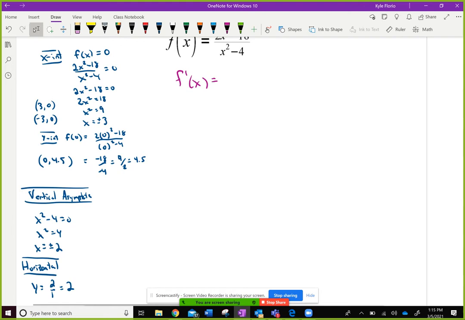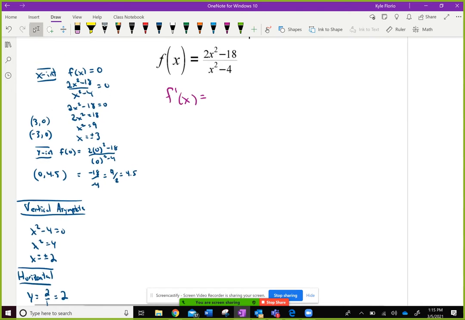Should we do both derivatives? Well, if you really want to. Just save that. All right, I'm going to start doing it, and if you guys keep working, you can check it with mine and see if we get the same thing.